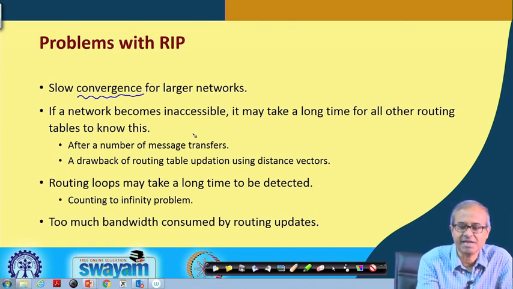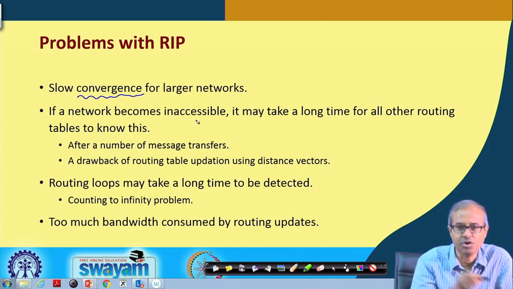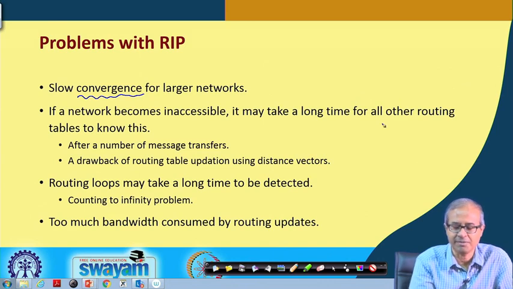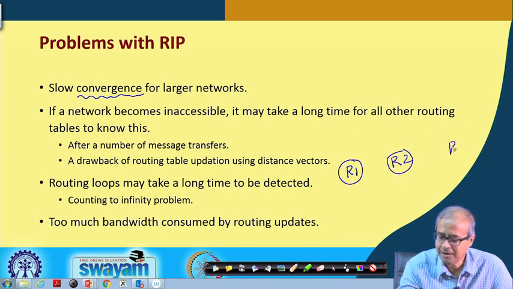So, broadly speaking, if a network becomes inaccessible due to a link failure, it may take a long time for all other routing tables to know about this. Because you see, I am giving a very small example. Let us say R1 is there, R2 is there, R3 is there, and let us say R4 is there.